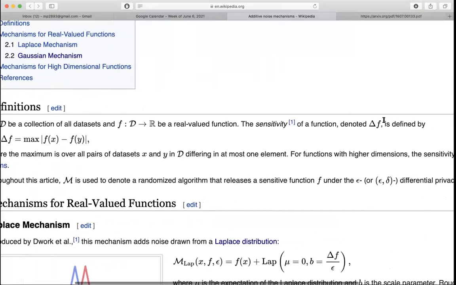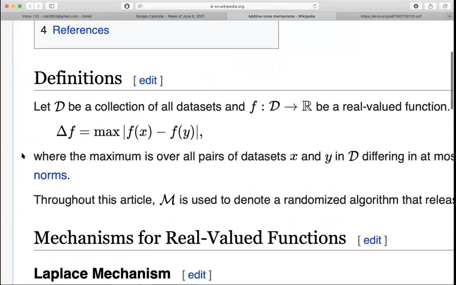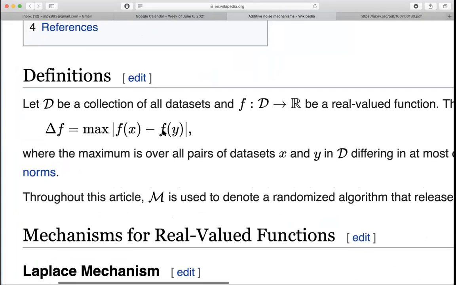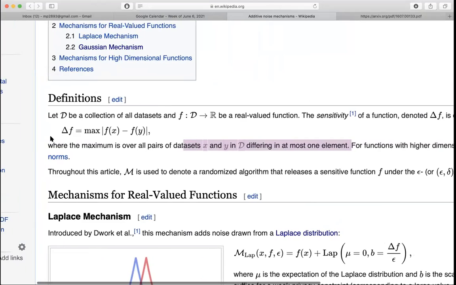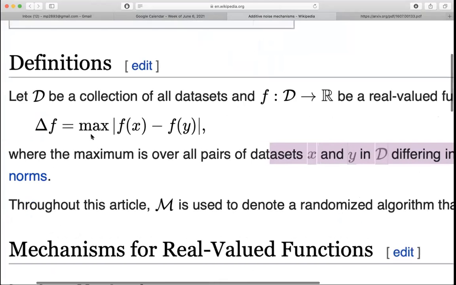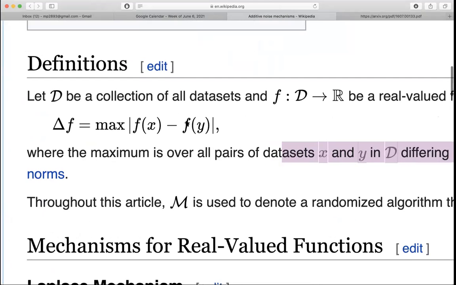The sensitivity of a function, denoted delta f, is defined by this. Here x and y in D are all pairs differing in at most one element, so it's exactly our setup. The sensitivity is the maximum difference that could be caused by the function f.